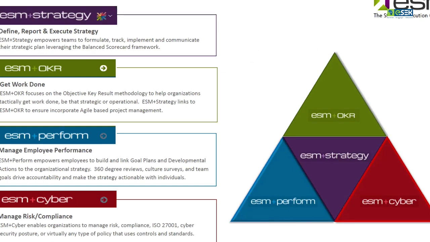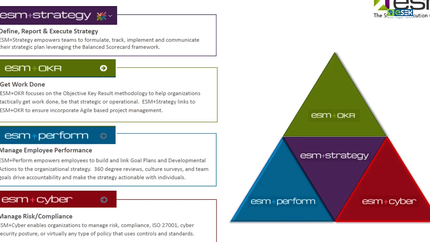So we referenced ESM strategy, and I want to give everyone product definitions around what the ESM suite is all about. If you're defining, reporting, and executing strategy, that's really ESM Strategy. For organizations looking to incorporate a more agile-based framework, the ESM OKR platform helps people get work done. It helps you organize it, and communicate what the end state is, the key result that you're after.